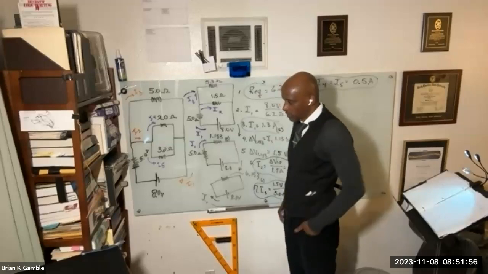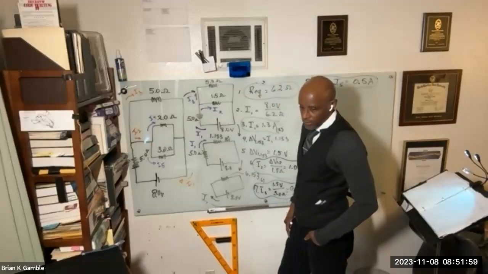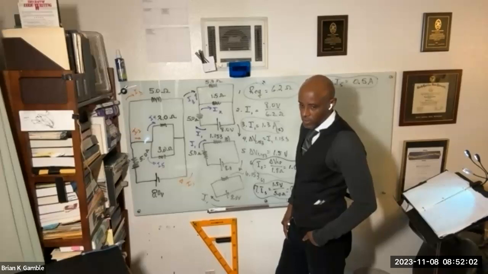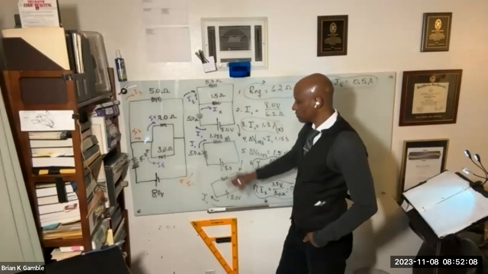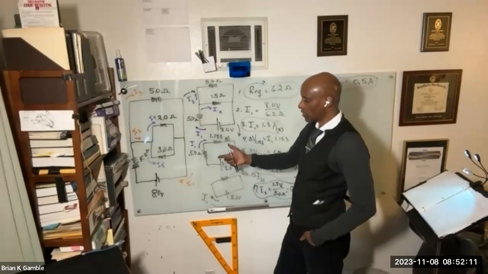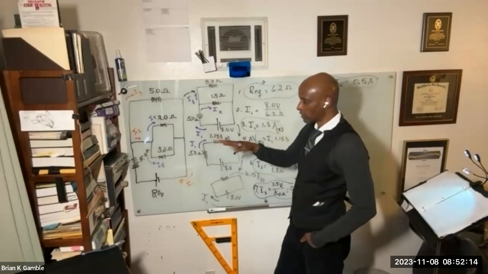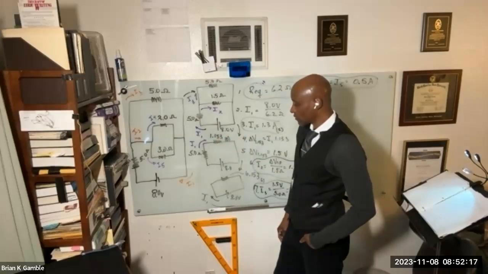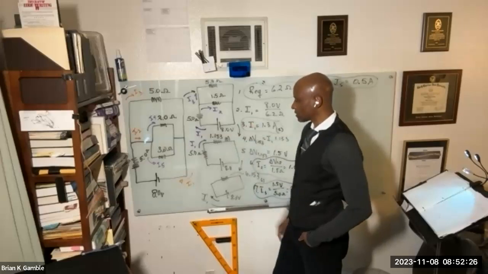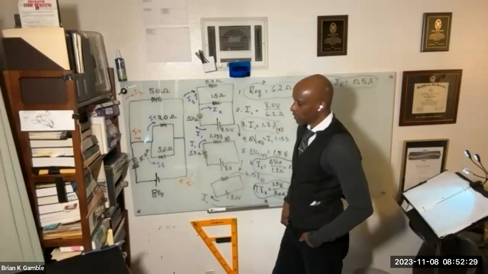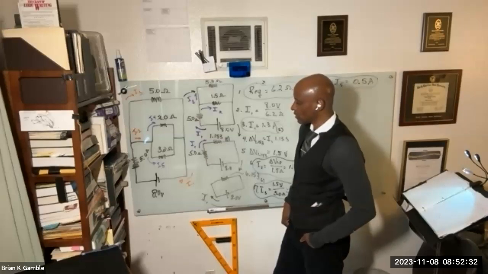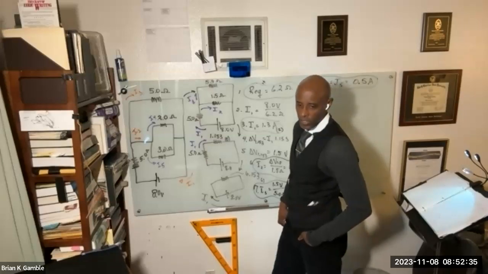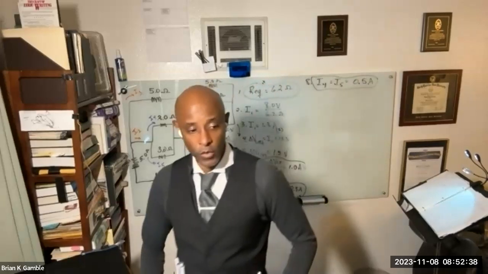Even though current is not a vector, by knowing the orientation of the flow of current, I basically know the orientation of the voltage in each leg, or what is the direction of the slope of the potential hill, so to speak. And that allows me to set up these equations implicitly. But that's a problem if I have more than one battery and I don't really know that. So Kirchhoff's rules allow you to work out the problem without knowing that information.